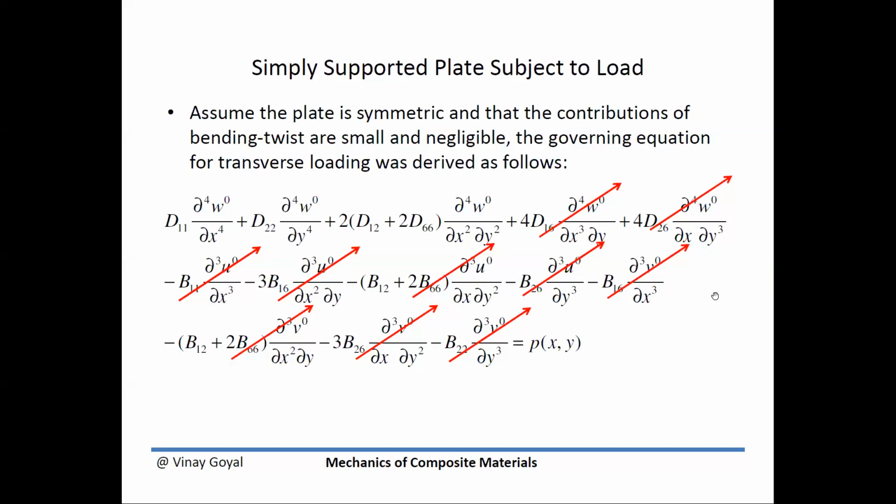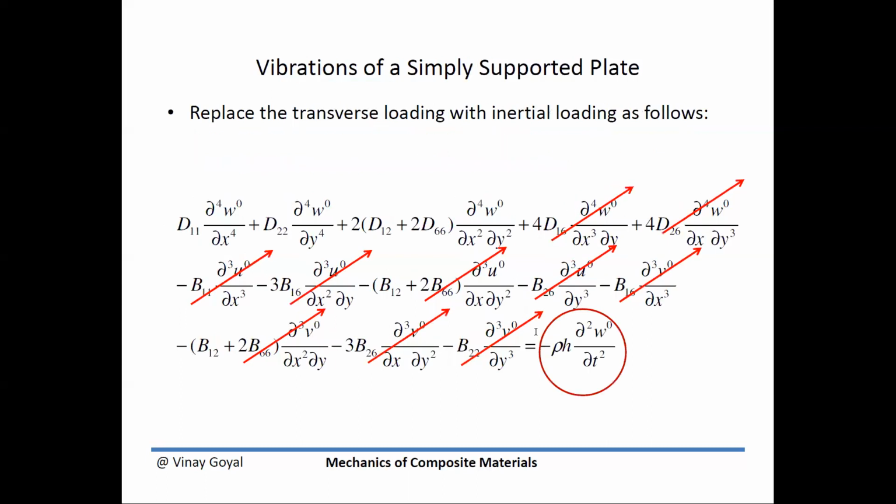And if we assume then the bending twist terms are close to zero, then we can now simplify the equations for a simply supported plate subject to a uniform load. We had previously solved this problem using the Navier's solution. And so what if we replace this load here with a dynamic term?